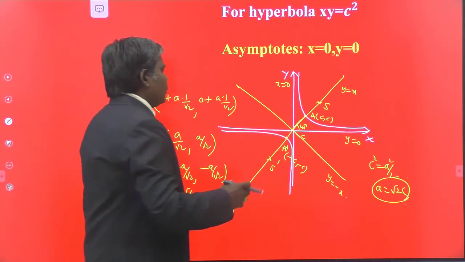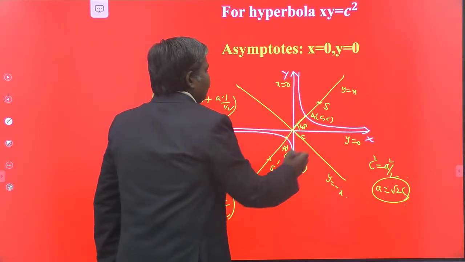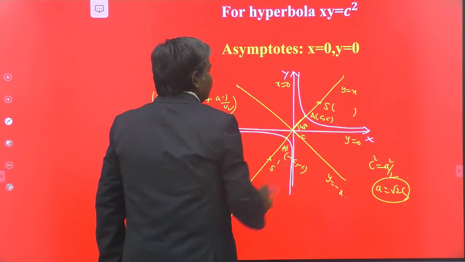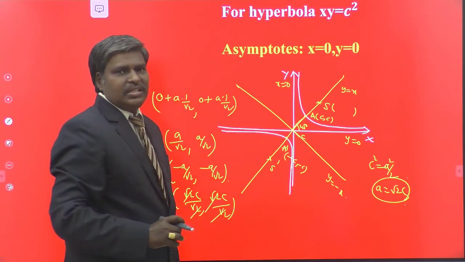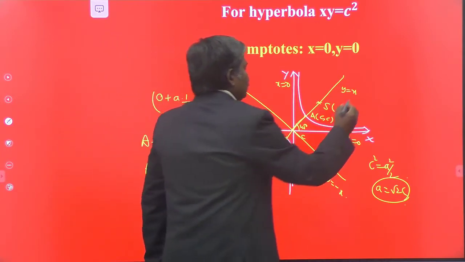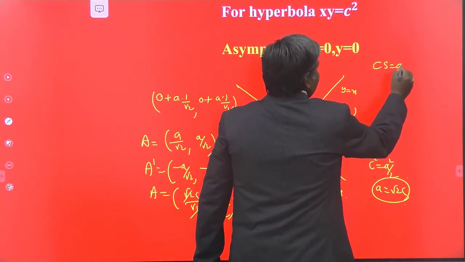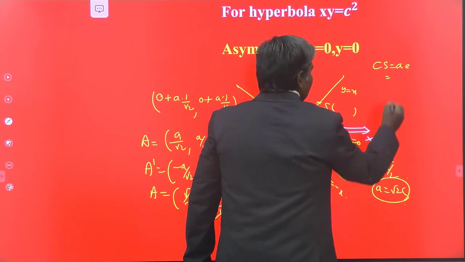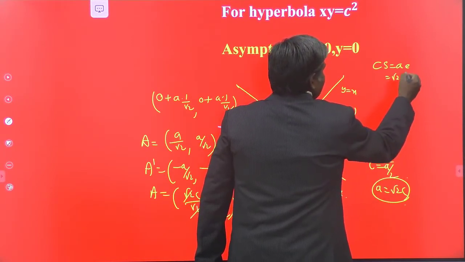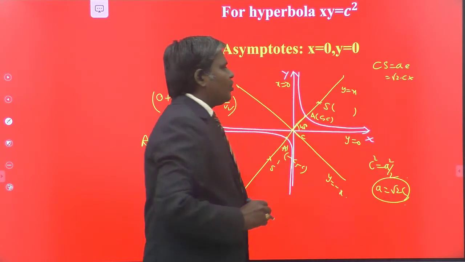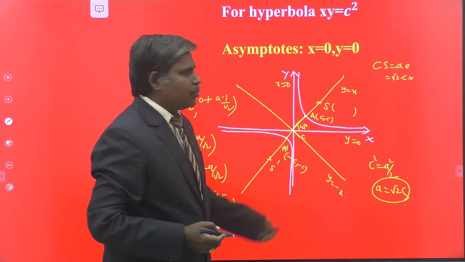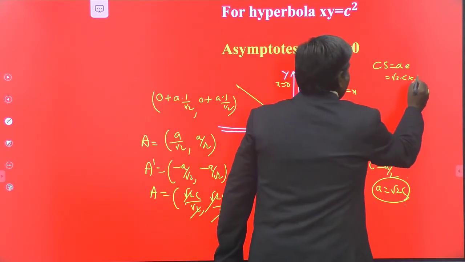In the same manner, we can find the coordinates of the foci. The distance from center to the focus is always ae. You know that. So CS = ae. So a is √2c, and the eccentricity of the rectangular hyperbola, all of you know, is √2. We just proved that.